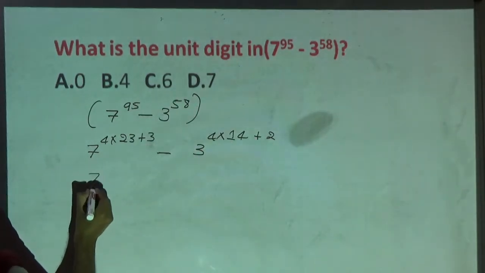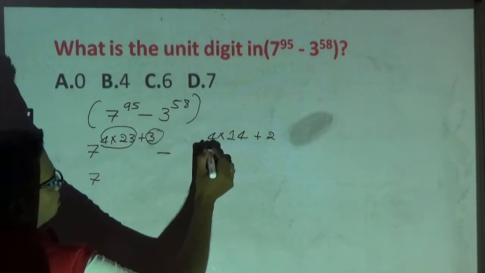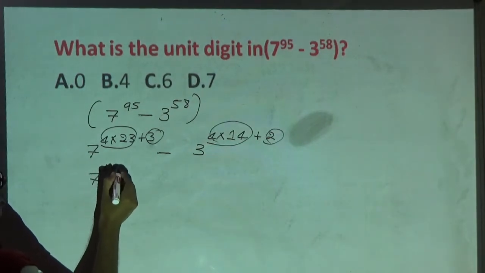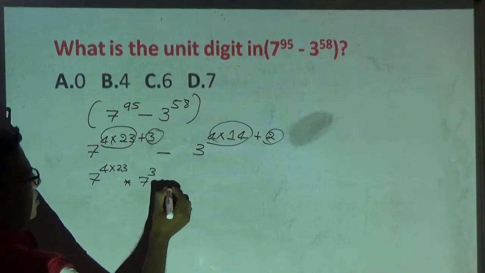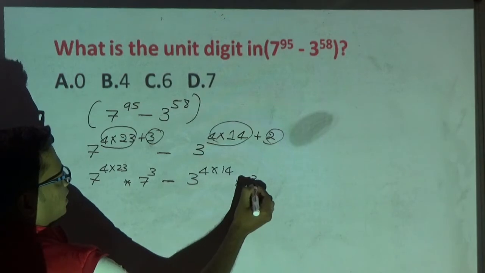Now this can be written using a power m plus n as 7 power 4 into 23, into 7 cube, minus 3 power 4 into 14, into 3 square.